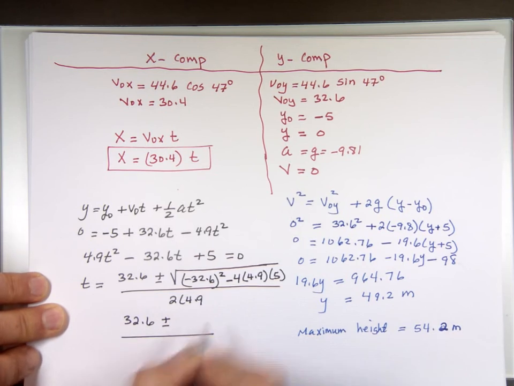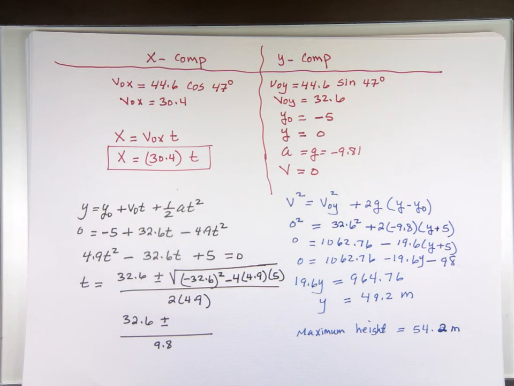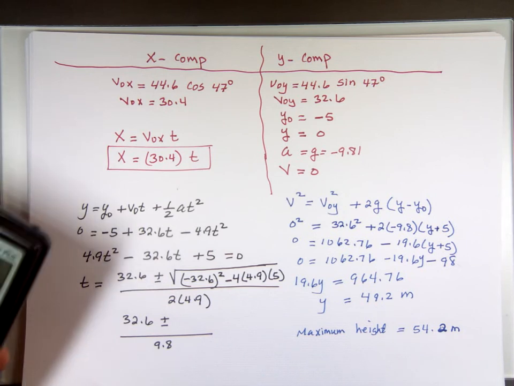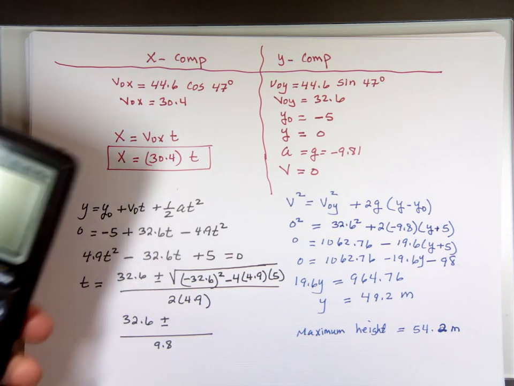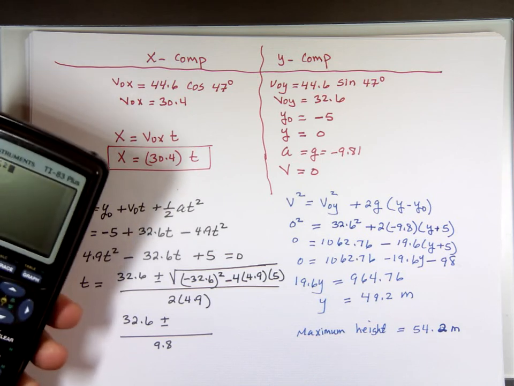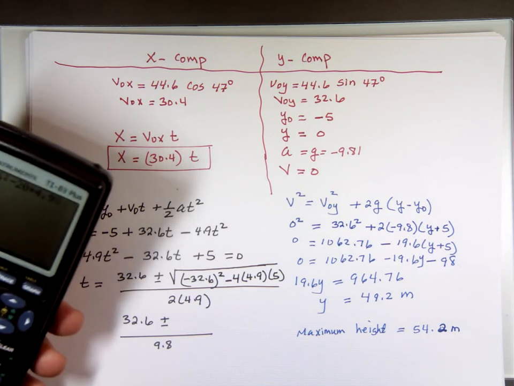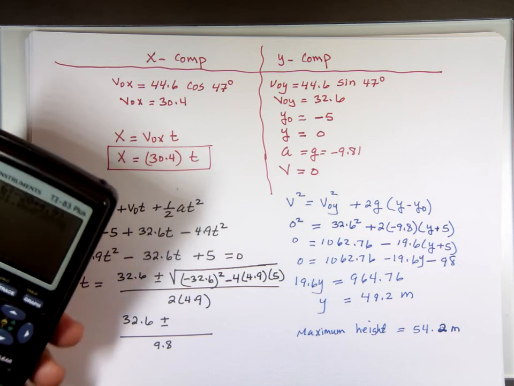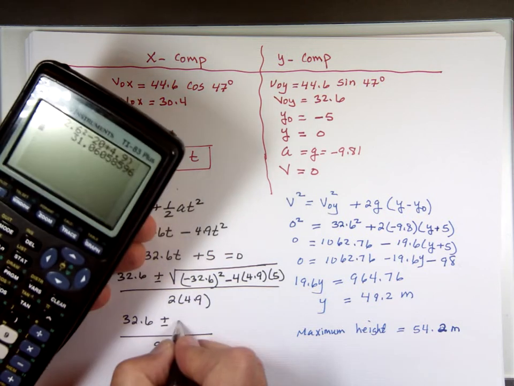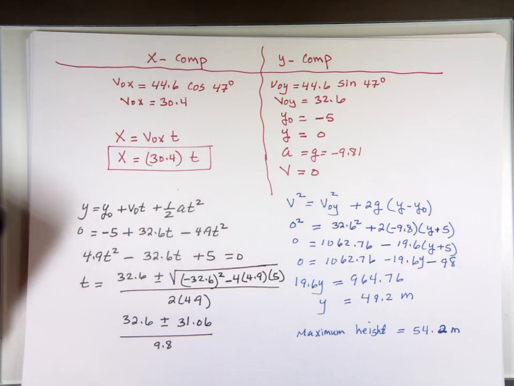Let's see, what is the square root there? I got 31.06, or 31.1. So I'm going to have two solutions.